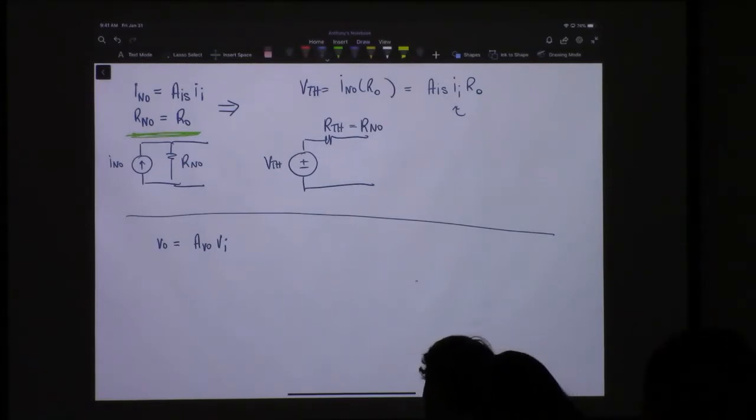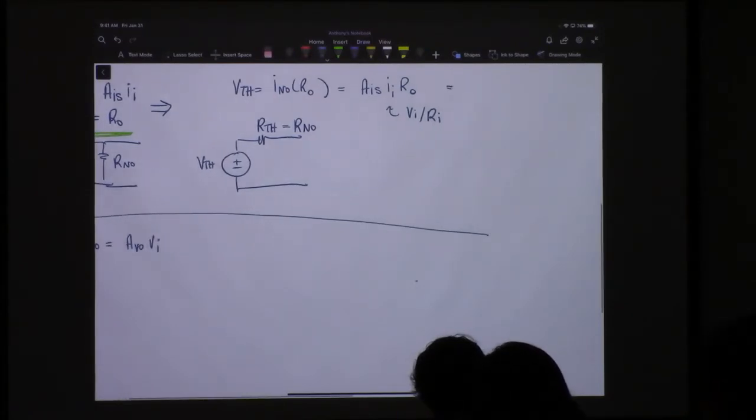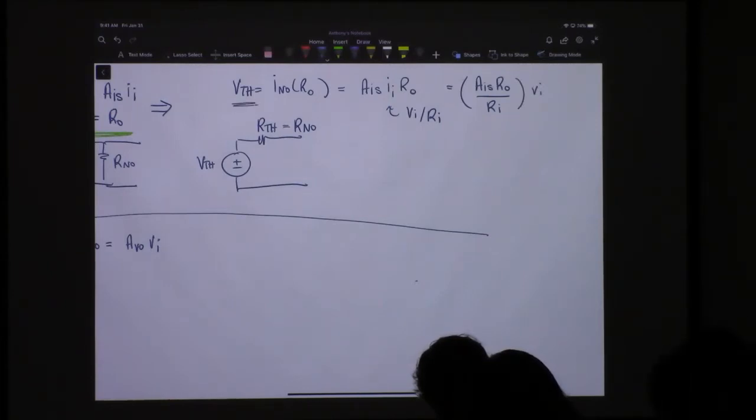We know that I in is equal to V in divided by R in. And so what that'll give us, if I scoot over just a little bit, is AIS RO over R in, all that grouped together, times V in equals that right there. And so this is our equivalent AVO.